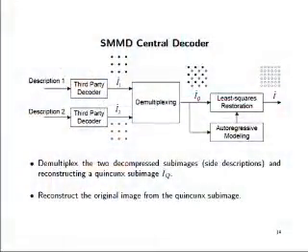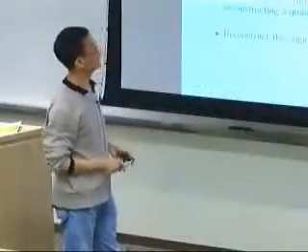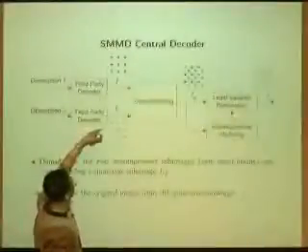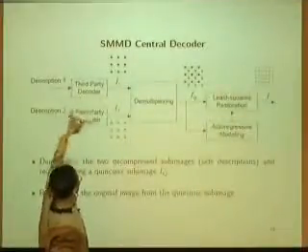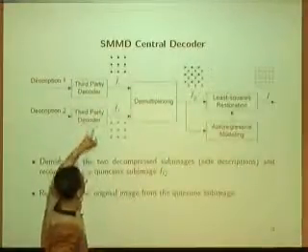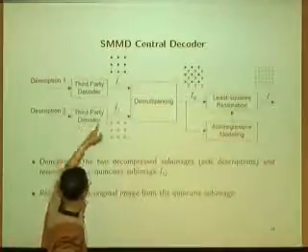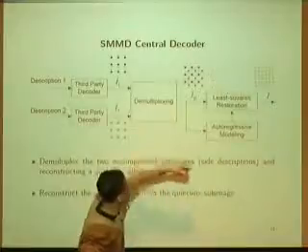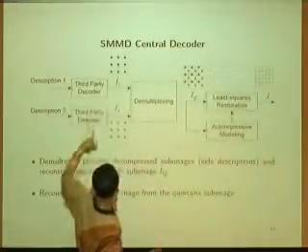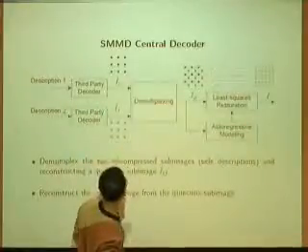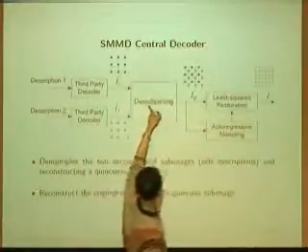Now, if we get more than one description, then we have to perform the so-called central decoding. So take two descriptions as an example. And again, the encoder and the decoder can be any third-party scheme, right? We will consider our MDC decoder independent of each side description scheme. Okay, what we do is we do demultiplexing.